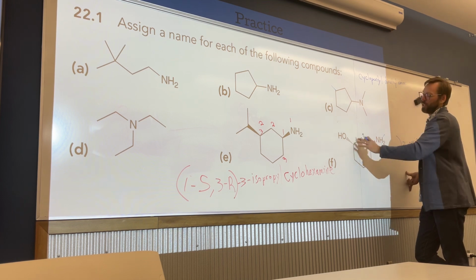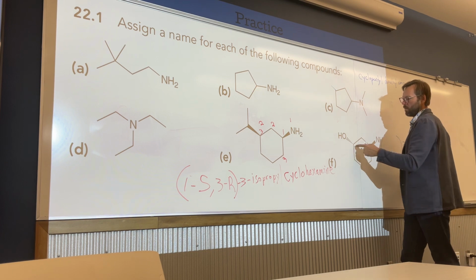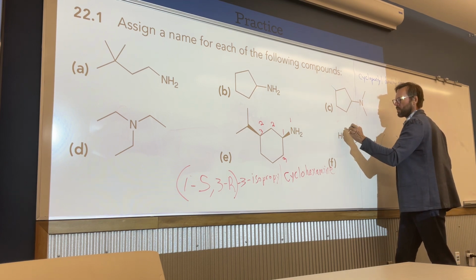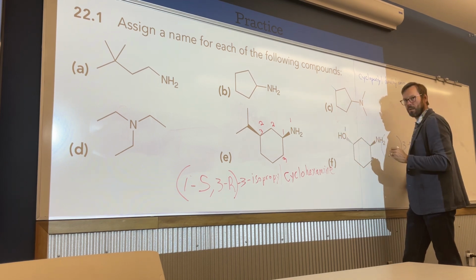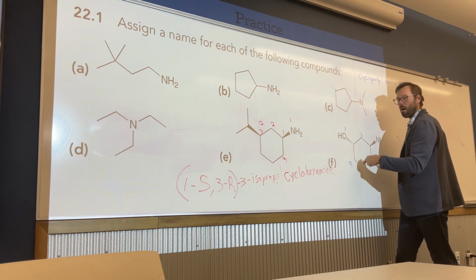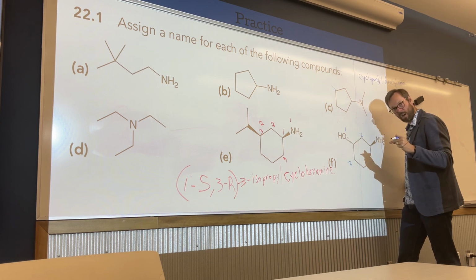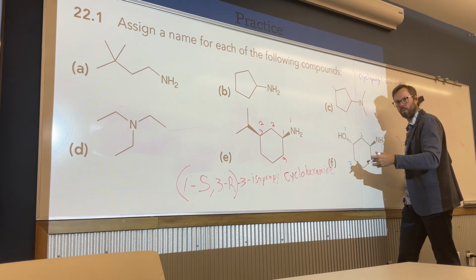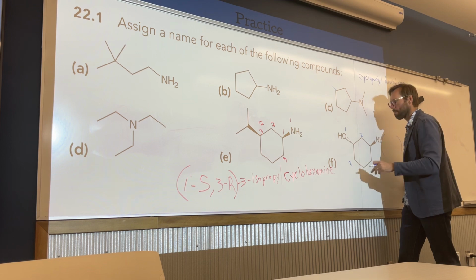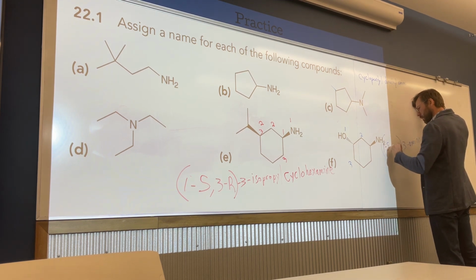If we just didn't worry about inverting it, what would we take preference? The oxygen, hydroxyl, heading towards the amine. And we say, well, that's R, but because the hydrogen's coming out, we've got to flip it. So that is 1S.